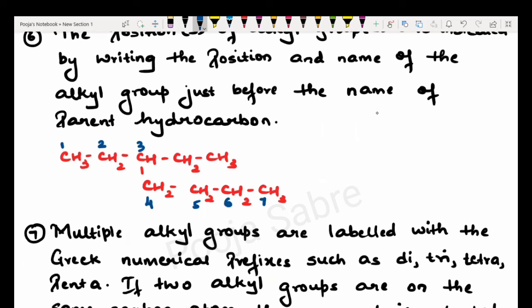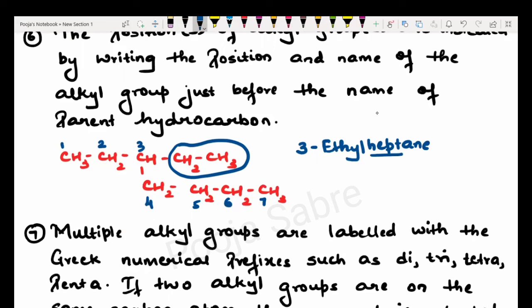So the name of this compound will be 3-ethyl. Since on third carbon, ethyl group is present, so I'm going to name it as a 3-ethyl, and further the suffix would be heptane. The word root is hept since 7 carbon are present, ANE since a single bond carbon containing compound is present.